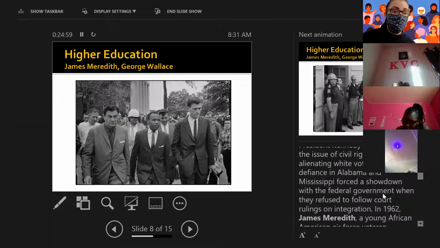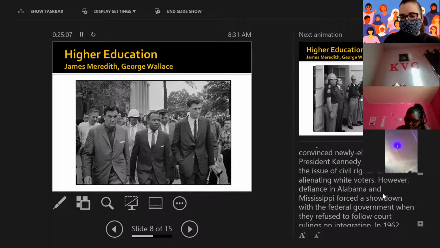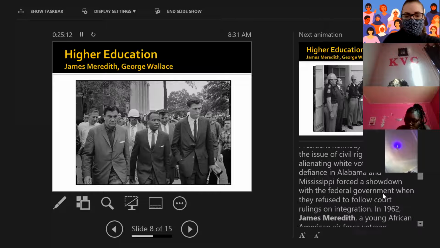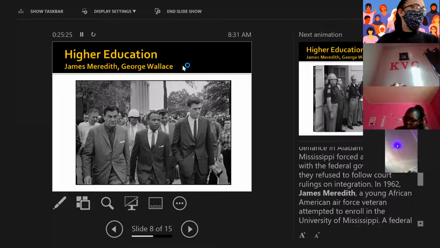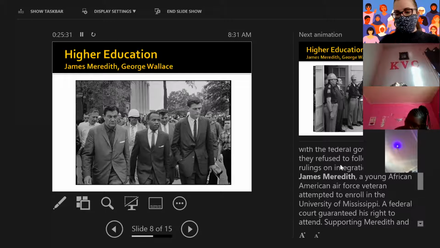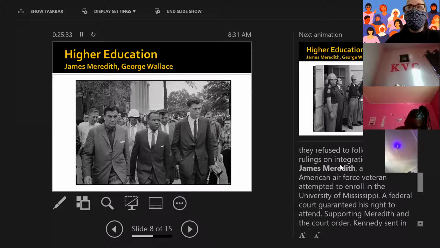At the same time as the early civil rights movement, you have newly elected JFK, who had to decide how much he would support the civil rights movement. So in JFK's early presidency, something big happens.